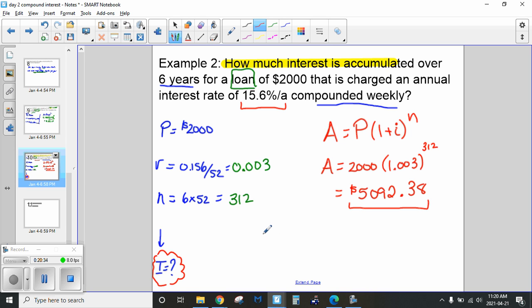In an earlier question, we said that final amount is made up of principal and interest, and this time we're solving for the interest. So the final amount was $5,092.38. The principal was $2,000. We can find that interest amount by subtracting $2,000 from both sides.